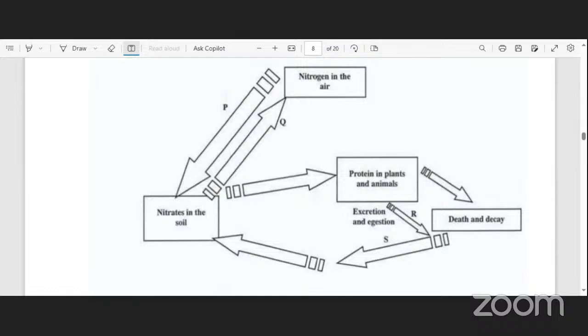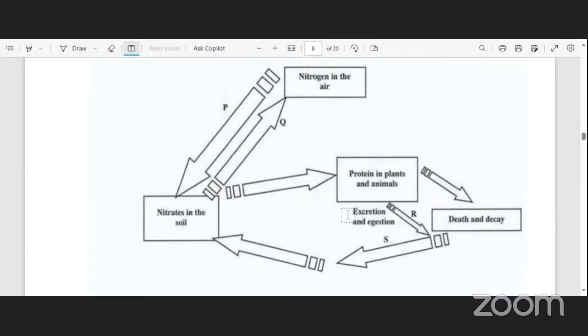So let's go one more time. It's a combination of different papers, from 05 to 08. So P, nitrogen fixation, Q, denitrification, S is definitely ammonification or decay, and protein in plants and animals. Look at the box right here.